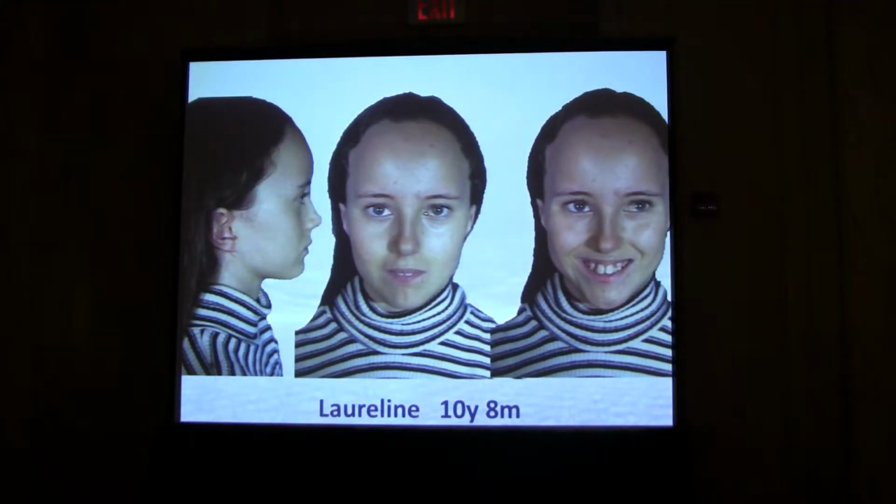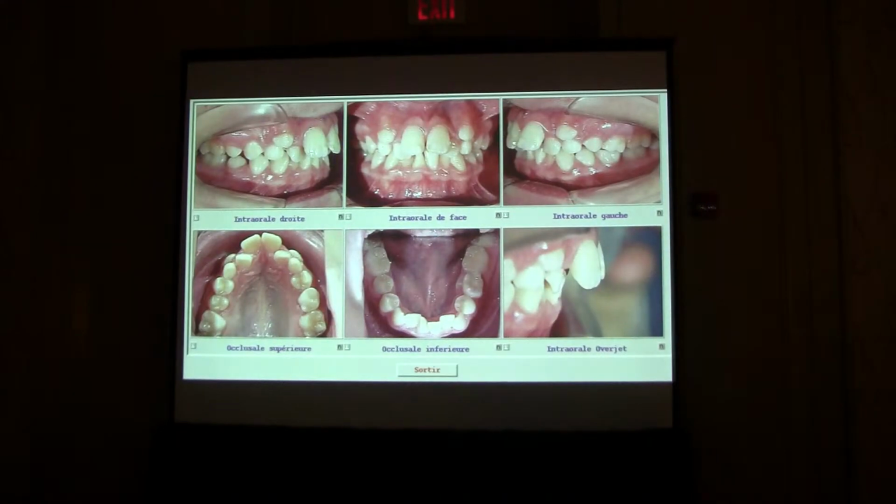Let us look at the case of Laurelien, who has an oral breathing and a lingual dysfunction. She came to see me for the aesthetic problem of her denture, a maxillomandibular discrepancy, and a dental closing. We noticed the presence of a diabolo-shaped occlusion.